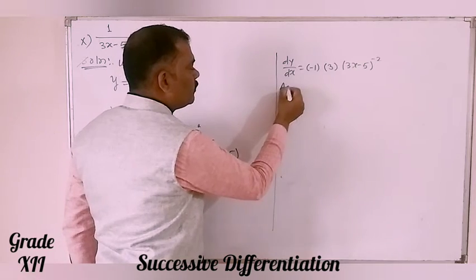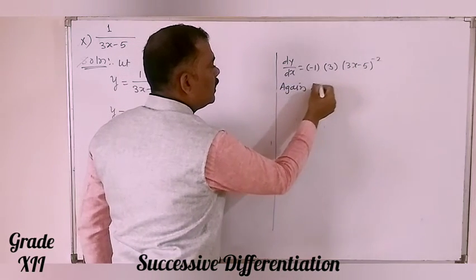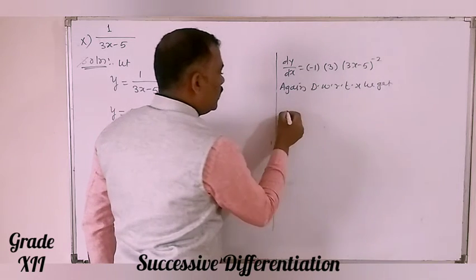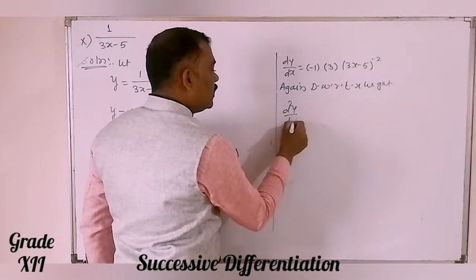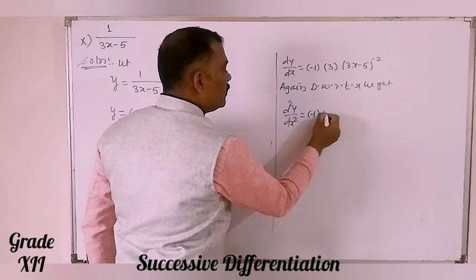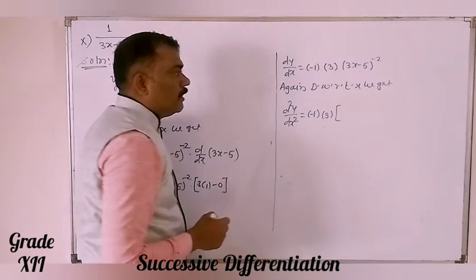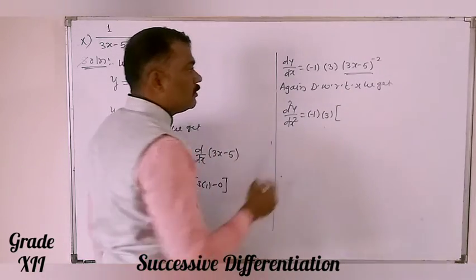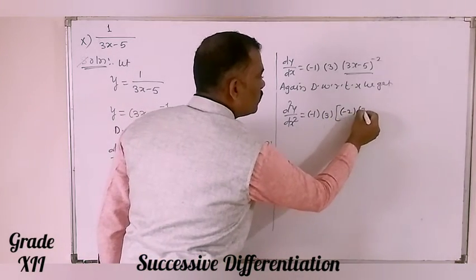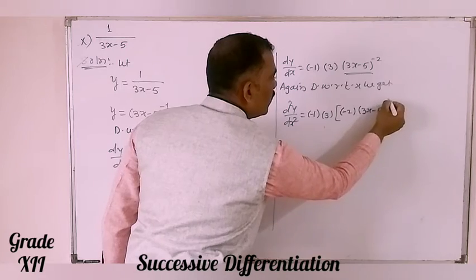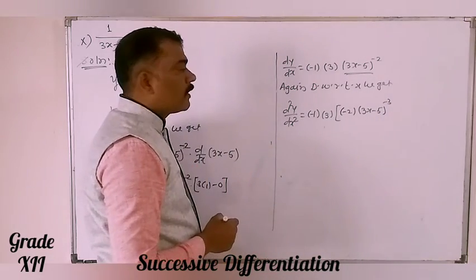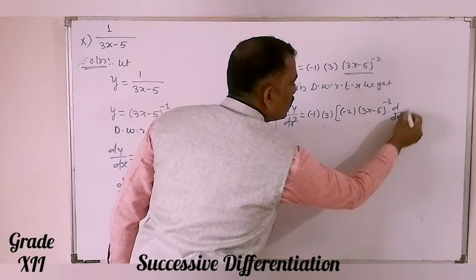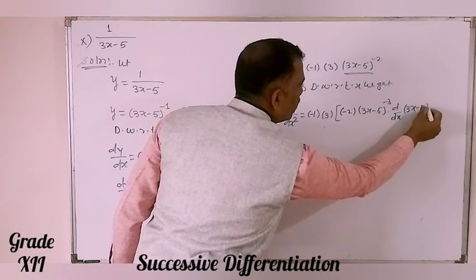Again we have to differentiate with respect to x. Again with respect to x, we get d2y by dx square is equal to minus 1 into 3. Okay, we have to take the differentiation of this (3x minus 5) raised to minus 2. Take the power as it is, minus 2 into (3x minus 5) raised to minus 3. Minus 2 minus 1, nothing but minus 3, into d by dx of 3x minus 5.